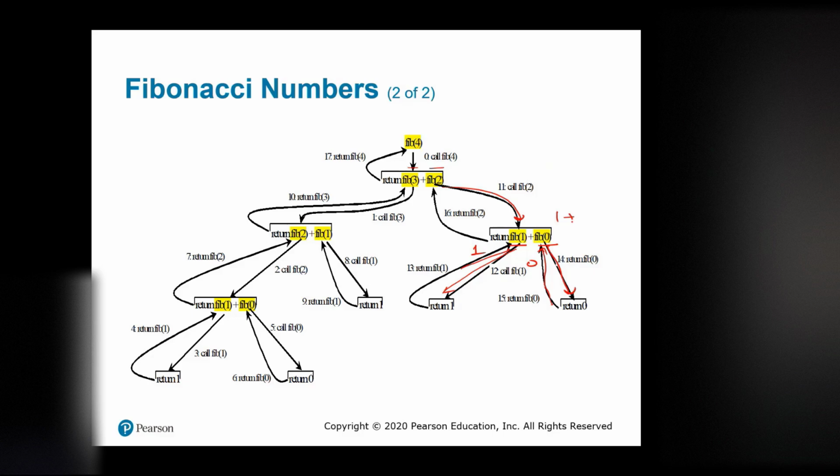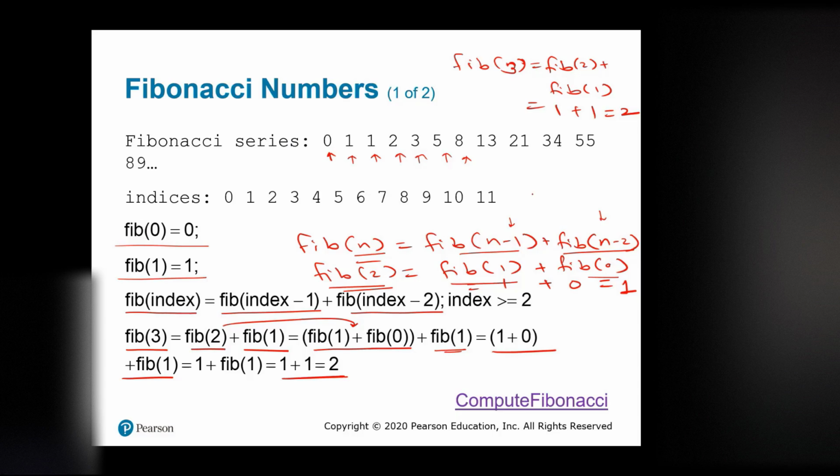Now this is going to calculate 1 plus 0 and return 1 as the value for Fibonacci 2. For Fibonacci 3, we have both values, and it will calculate 2 plus 1, and we finally get the value 3. So that is the value at index 4.